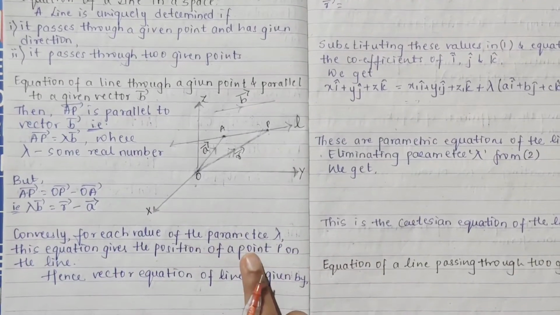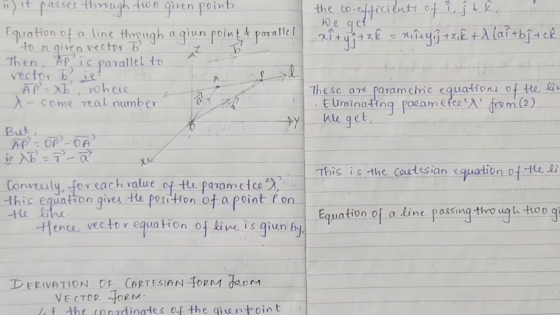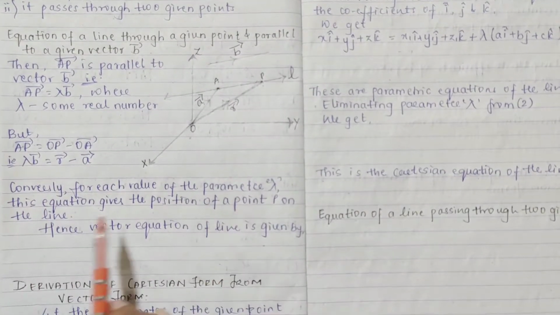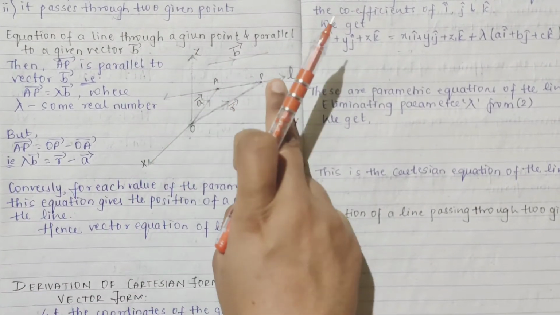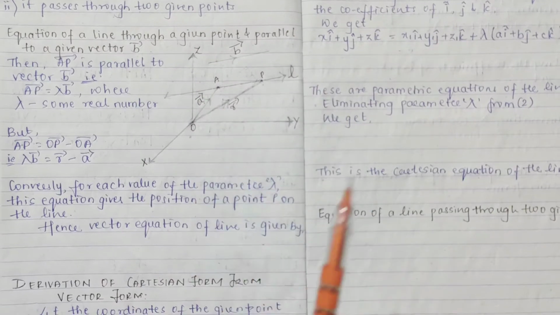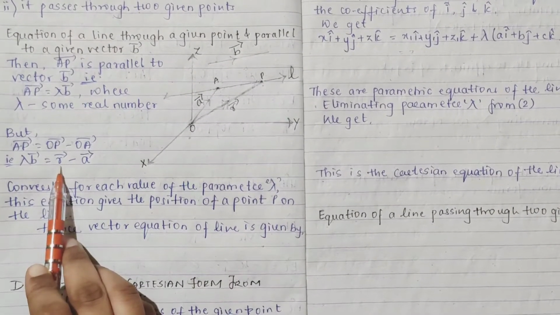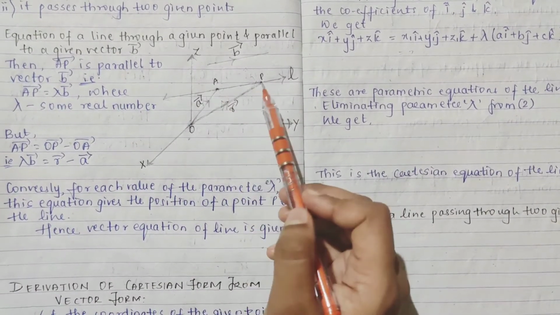Conversely, for each value of the parameter lambda, the equation gives the position of a point on the line. So the vector equation of this line is given by, how will it be given? We are finding R, because AP is our vector position.